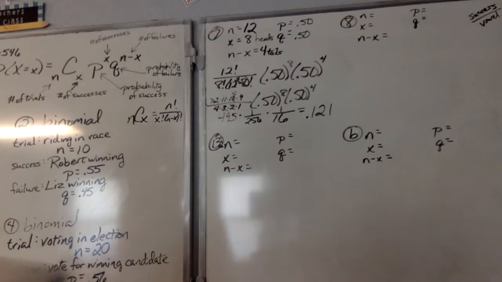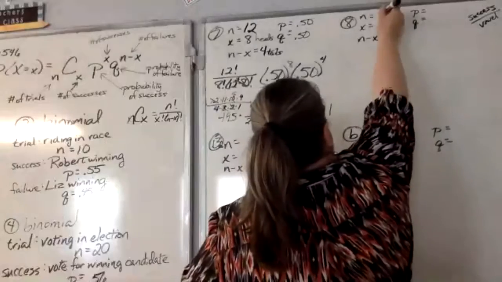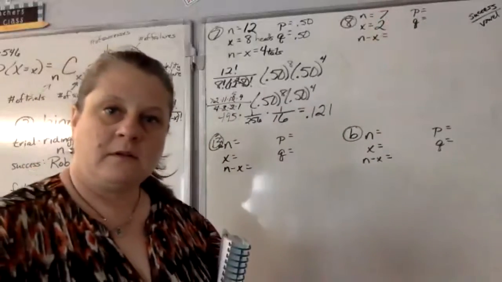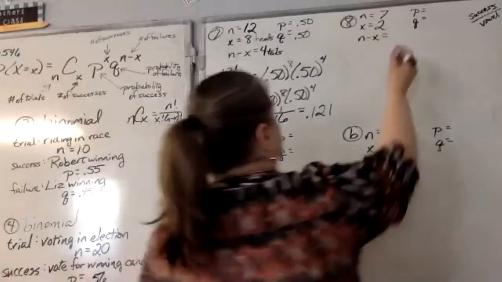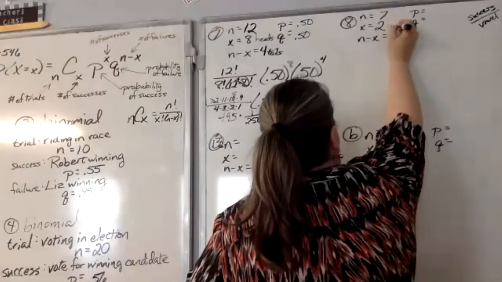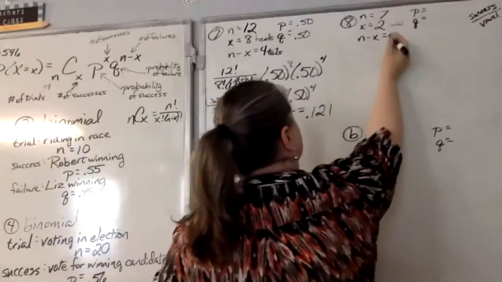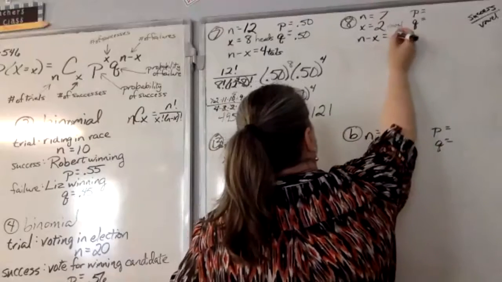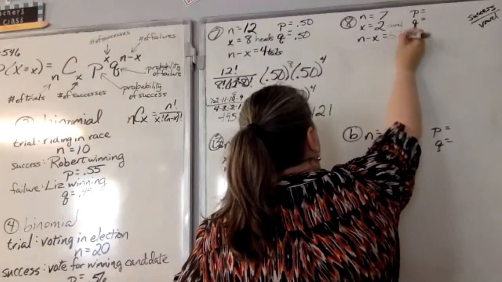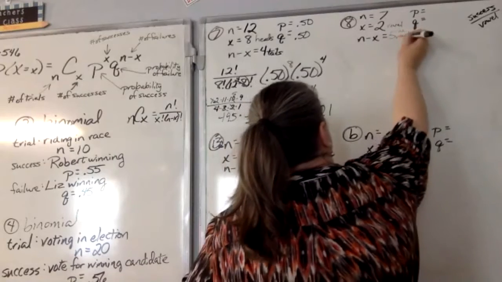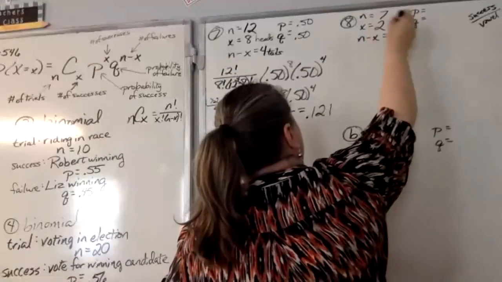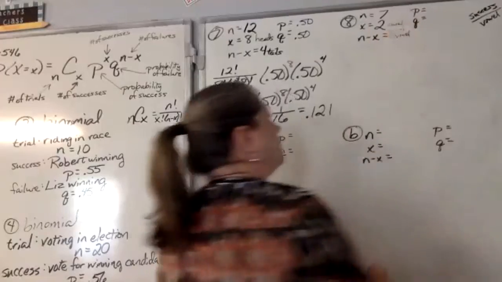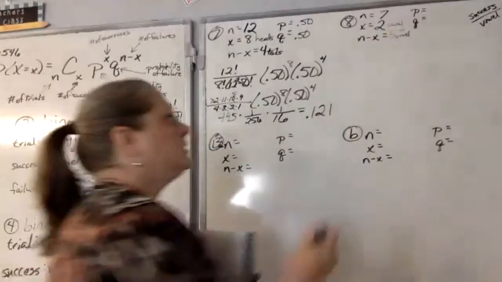They're doing it 7 times, and she wants to get a vowel twice. So if they're doing it 7 times and she gets a vowel twice, how many times does she not get a vowel? 5 times. So getting a vowel is success. Not getting a vowel is a failure. Okay, so you have 7, 2, and 5.